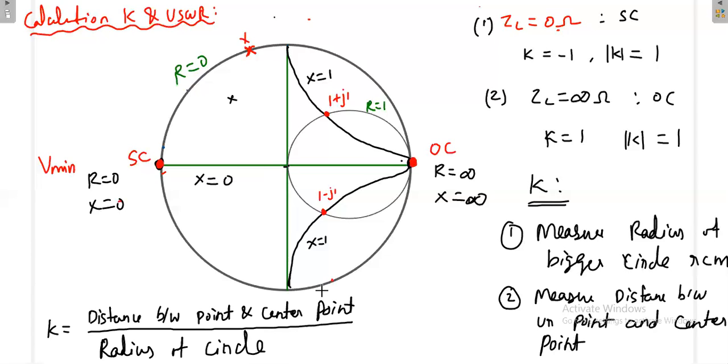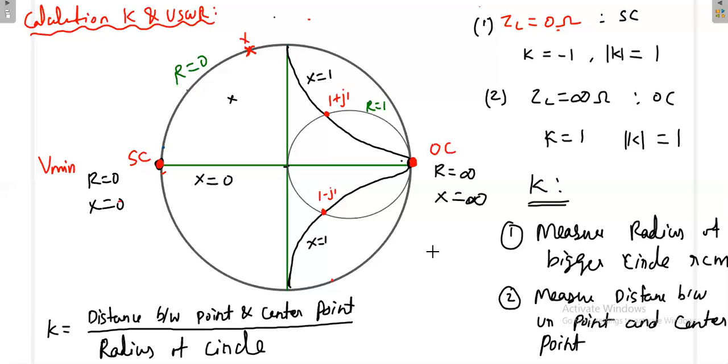Is it possible to get k greater than 1? No, so k has to be less than 1. At maximum, k will be equal to 1.